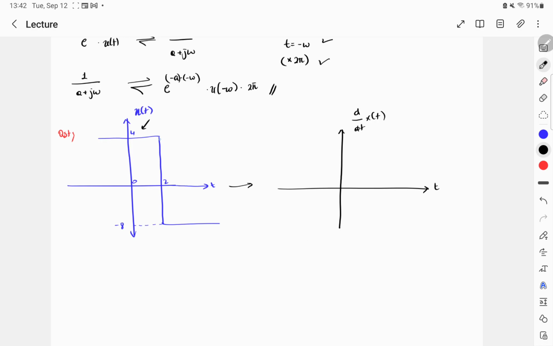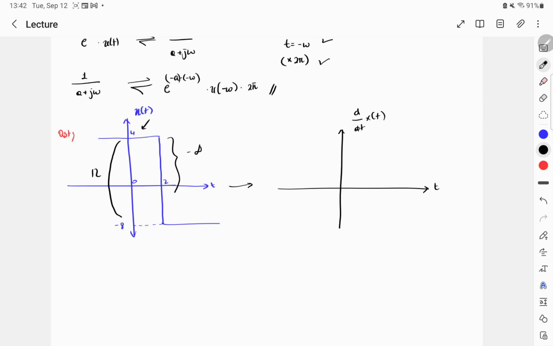And then here, the slope is minus infinity. And the amplitude, we need to compute it, and it is 4 here, 8 here, and we have a total amplitude of minus 12.